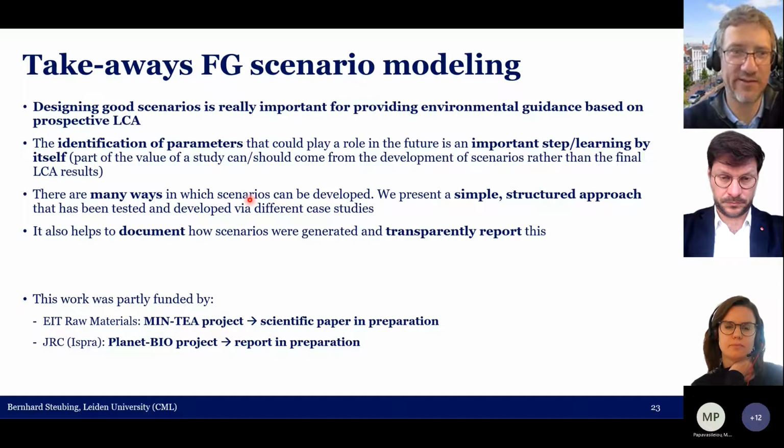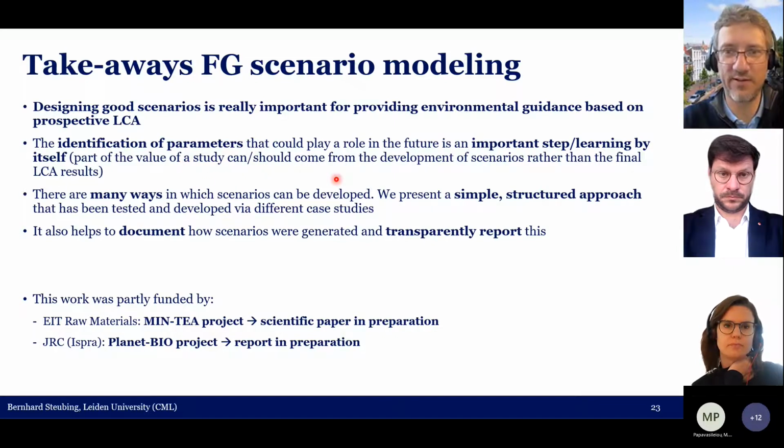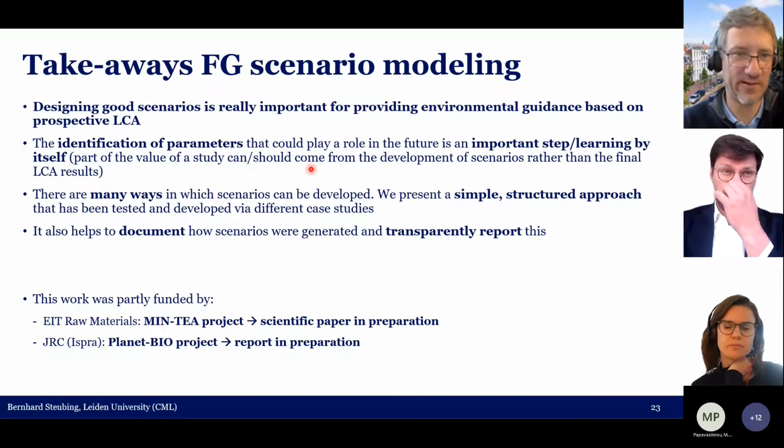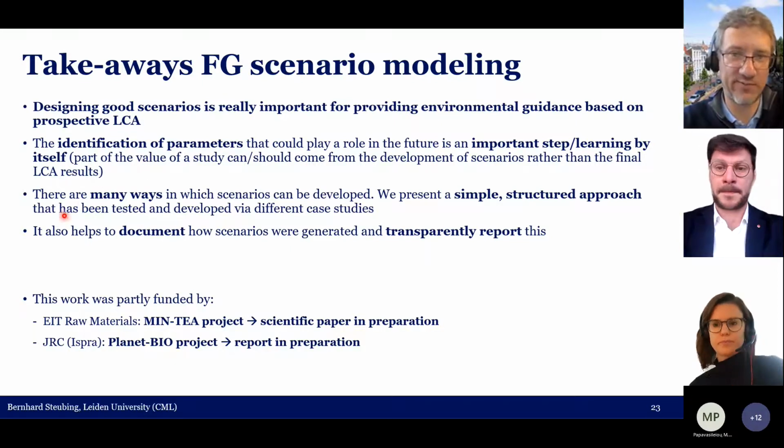So the exercise itself, the scenario development, brings in value beyond the results, teaching the LCA practitioner and the stakeholders more about the interrelations of their specific system with other systems. So there may be a lot of learning involved.